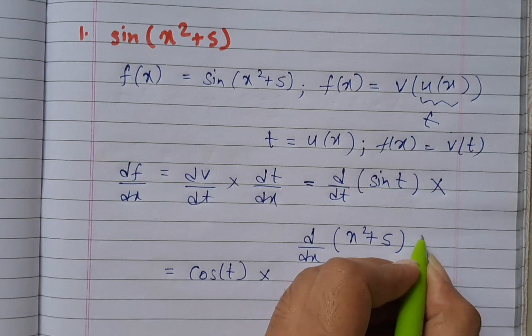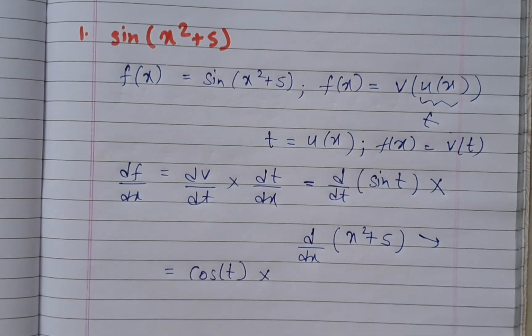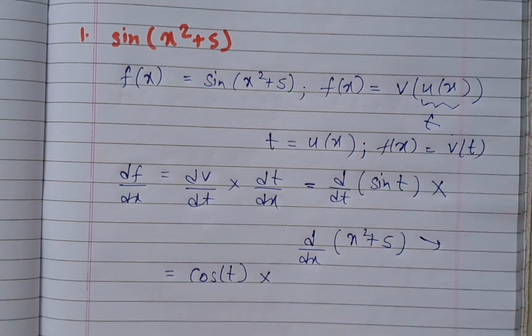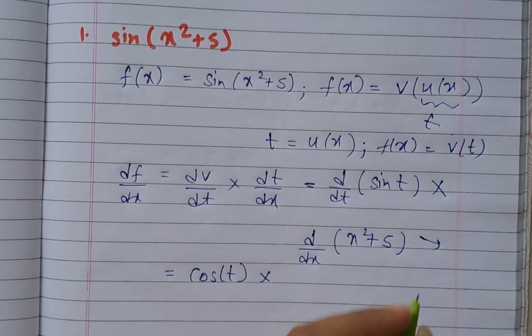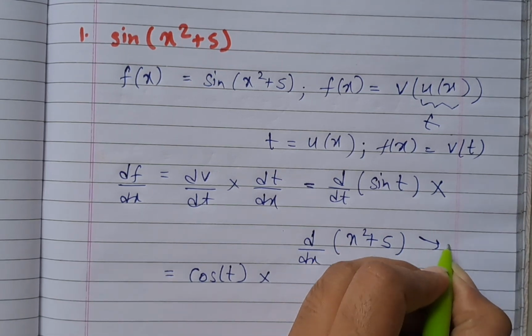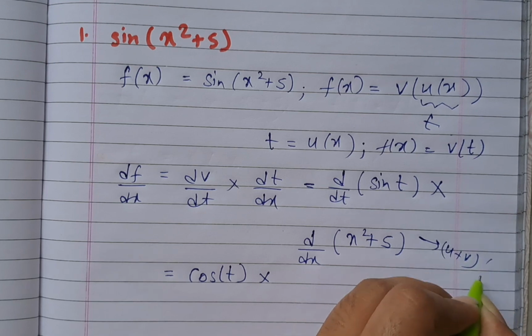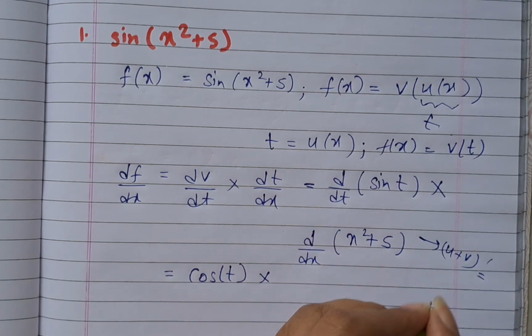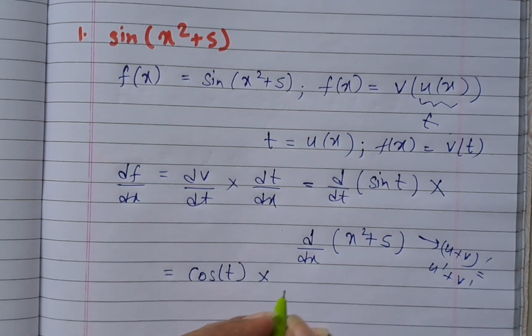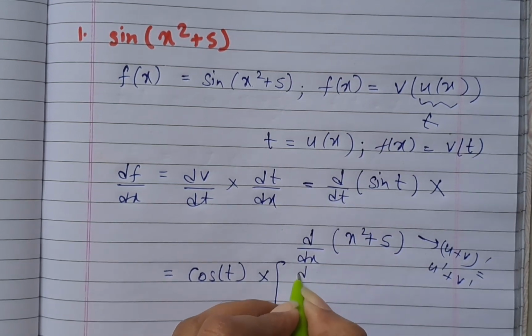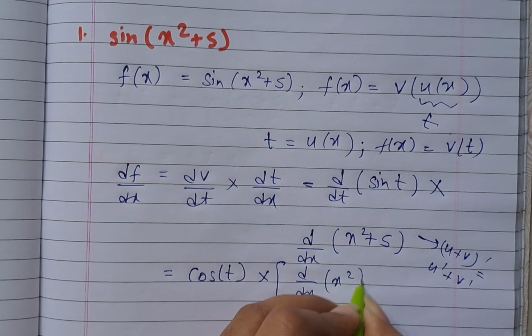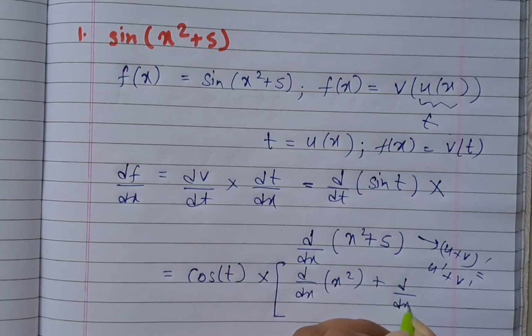Again we have seen another rule in our previous video, that if we have a function u plus v and we want to differentiate it, we can just split it, which is u dash plus v dash. Similarly we are going to do it here. It will be d by dx of x square plus d by dx of 5.